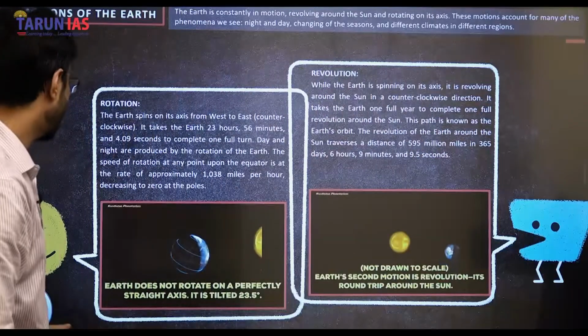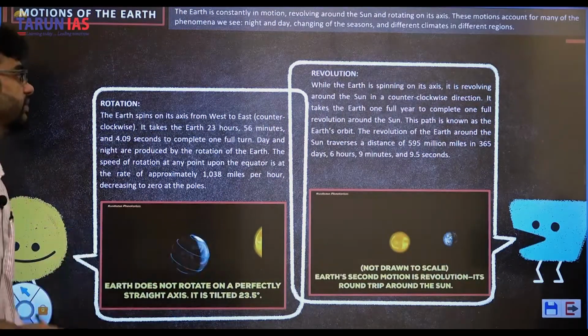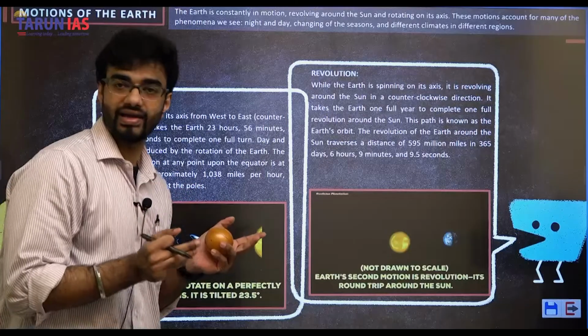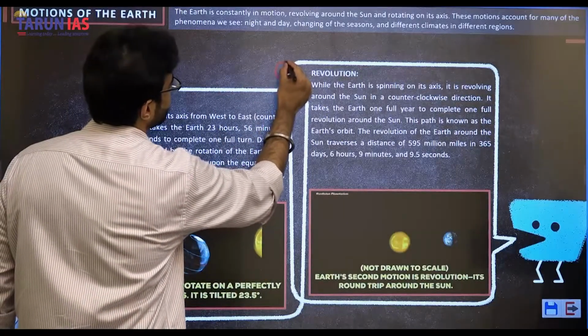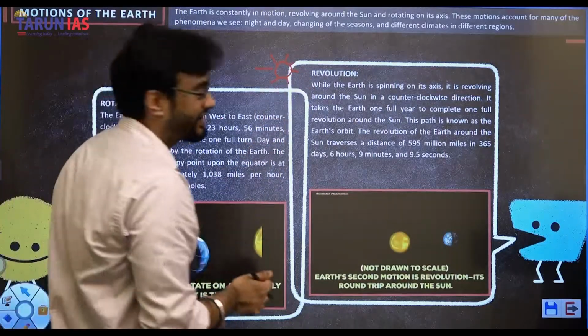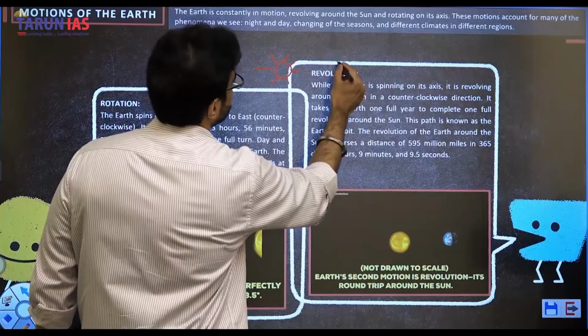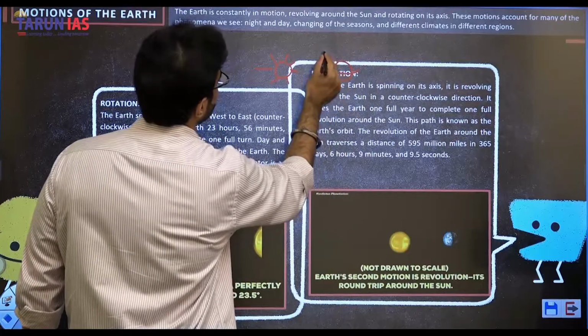Another point to note here is that I talked about an elliptical orbit. What I exactly mean by an elliptical orbit is that if I have a sun, this very basic childish drawing, and this we have as the earth.